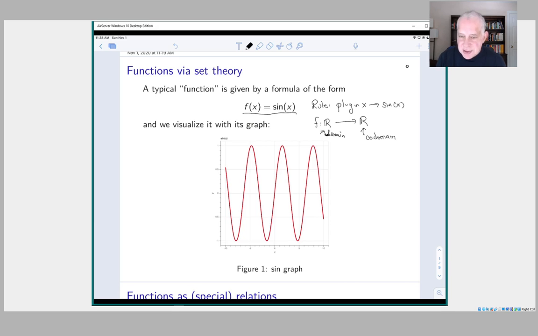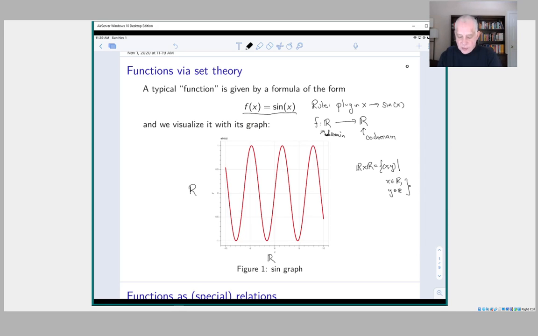To draw the graph of the function, we construct the Cartesian product of the domain and the codomain. So here we have R cross R. And thanks to what we've learned so far in this class, we know that R cross R, the Cartesian product of the real numbers with itself, is the collection of ordered pairs x, y, where both x and y are real numbers.